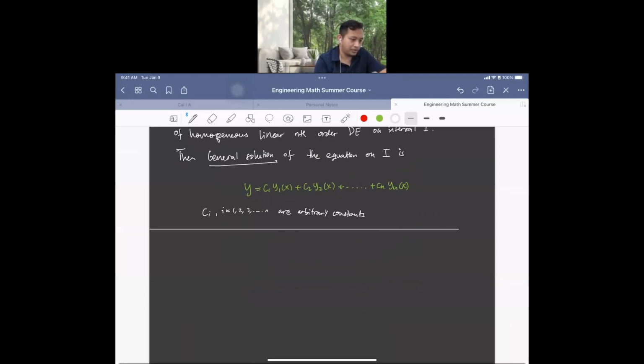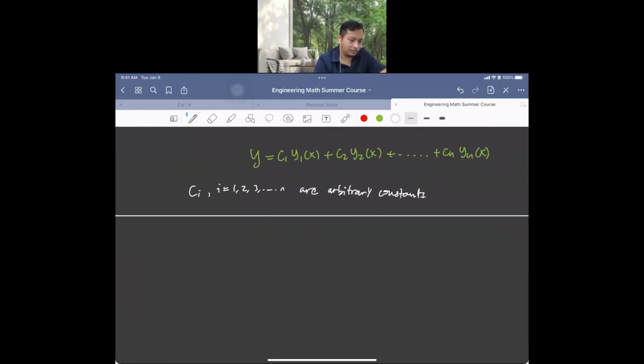Like for example, let me just give you a slightly simple equation.